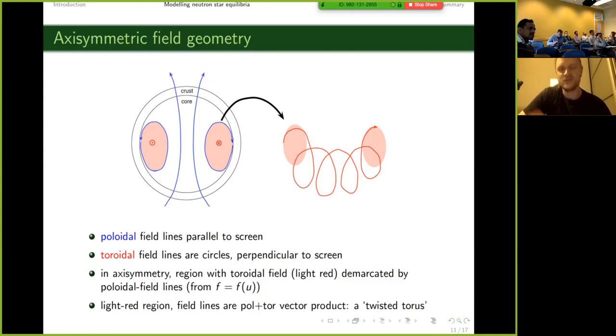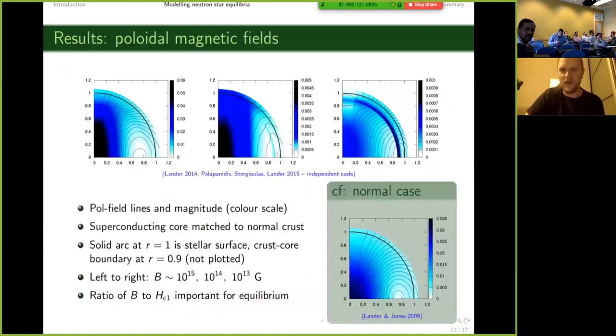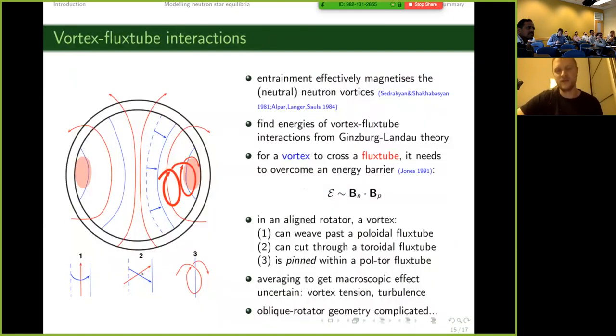Even if it can swerve past poloidal field, and even if it can cut perpendicularly through toroidal field, it can't get past this kind of coiled region. It will always hit at some kind of angle, and so there will always be an energy penalty of that form. So yeah, that's what I'm saying.